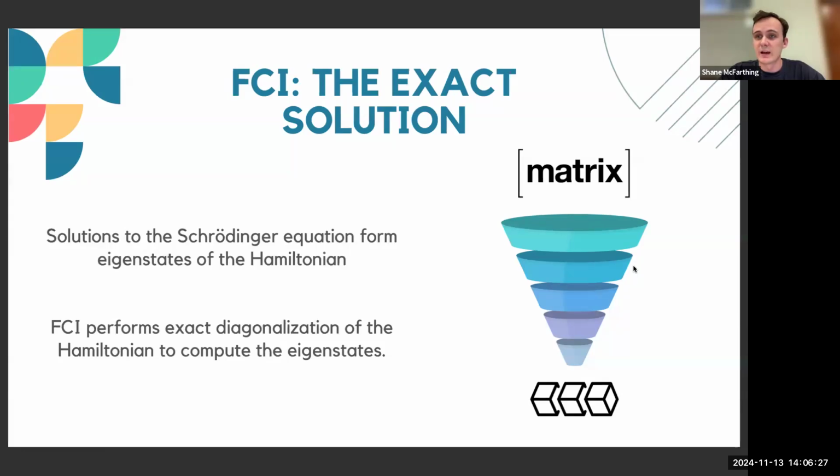We said that the Hamiltonian for a chemical system is the description of the total energy of that system. What we can do is formulate a matrix from the Hamiltonian, where the elements in the matrix determine the behavior of the Hamiltonian on specific electronic states in the system. Once we form that matrix, we can perform a diagonalization exactly.